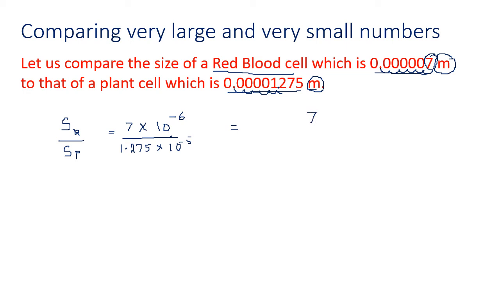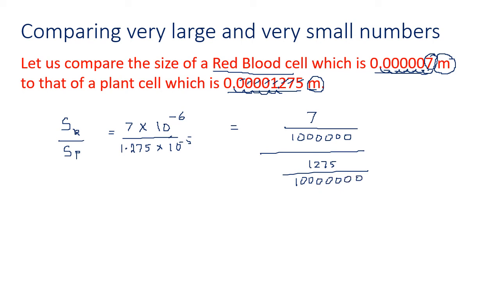We can write this 7 upon 6 zeros, upon 1275 upon 8 zeros.